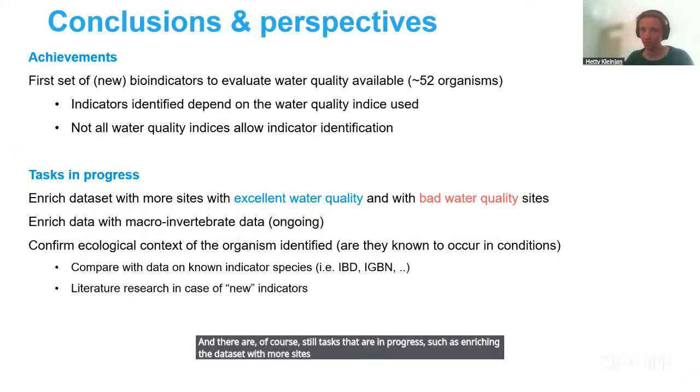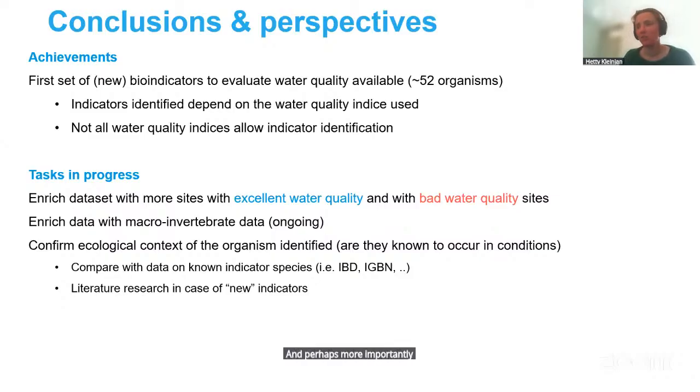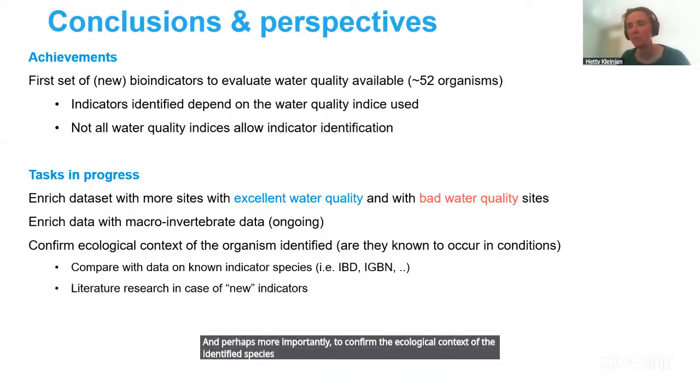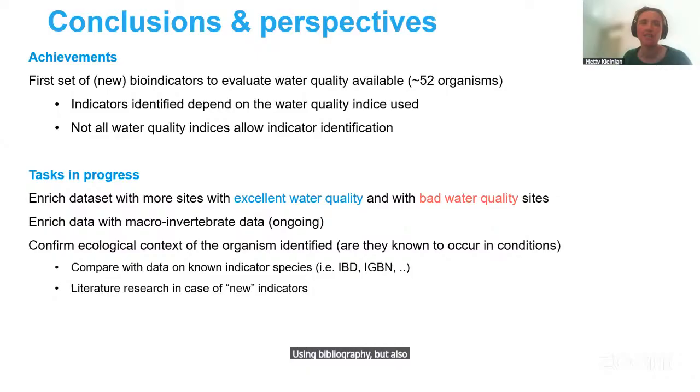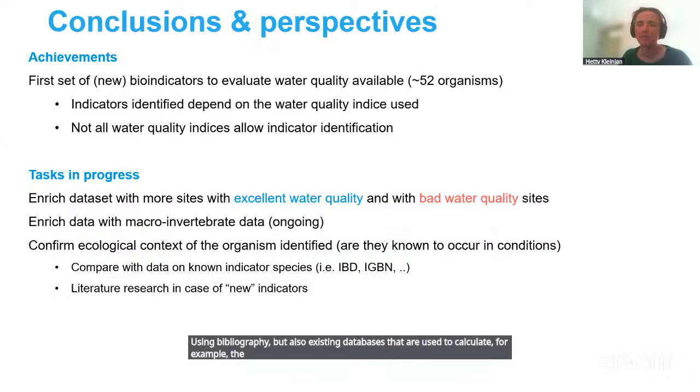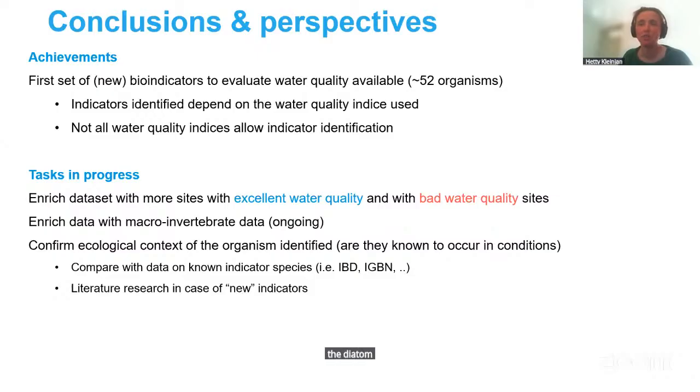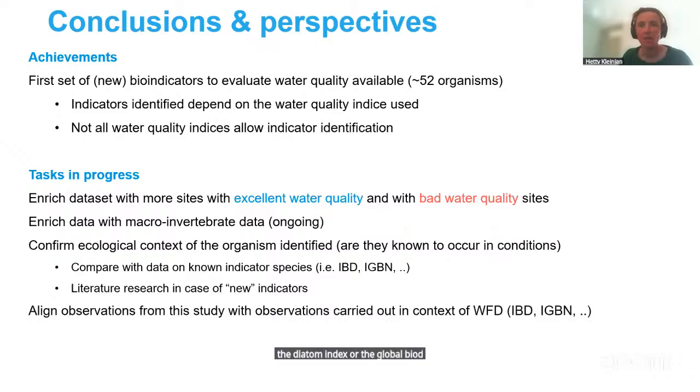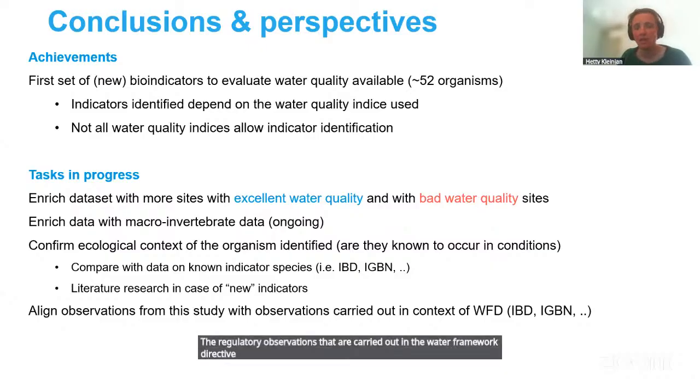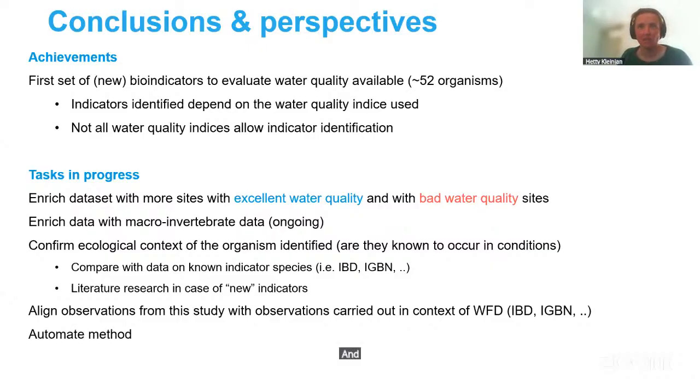Also, we'd like to include macroinvertebrate data, and perhaps more importantly, to confirm the ecological context of the identified species using bibliography, but also existing databases that are used to calculate, for example, the diatom index or the global biodiversity index. We'd also like to align with the regulatory observations that are carried out in the Water Framework Directive, and automate this method eventually.